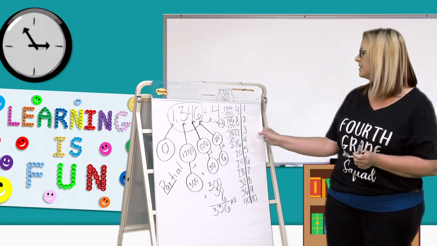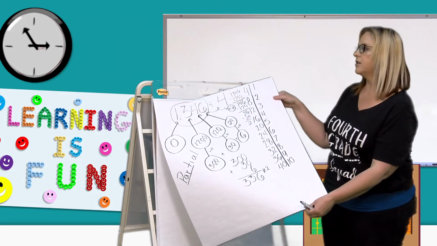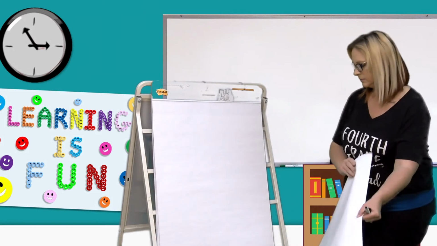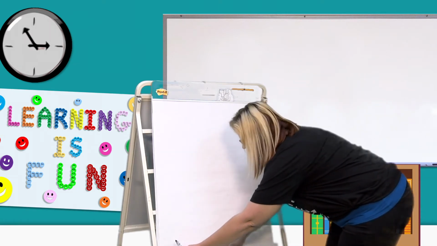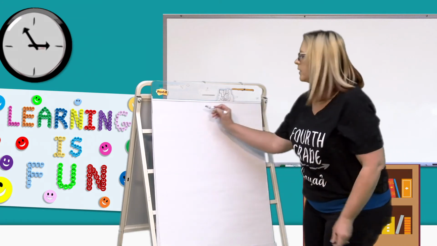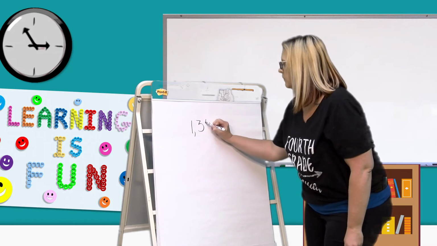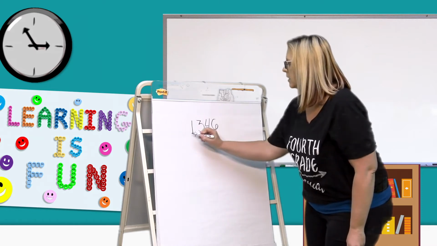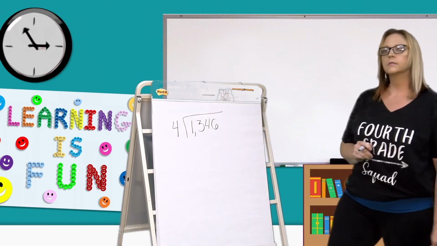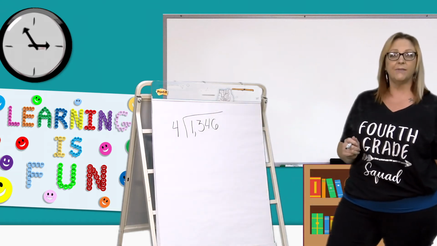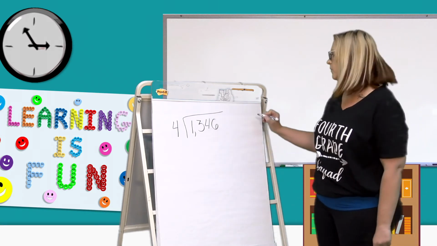All right, let's look at this in another way. Let's look at this just using the standard algorithm. So we have that same equation, 1,346 divided by 4. I'm still going to take advantage of having my multiples written down because they will help me in solving this.